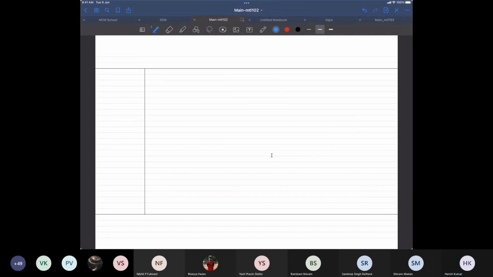So let's consider this ODE, which is a linear system.